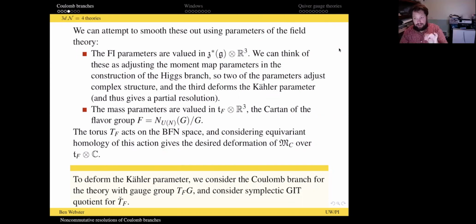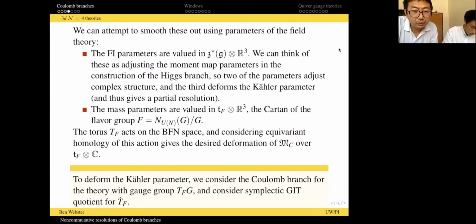What ends up happening is these parameter spaces correspond to tori that act on the opposite side. So the flavor torus acts on the Higgs branch, and there's an action of the Langlands dual of the center of G that acts on the Coulomb branch.